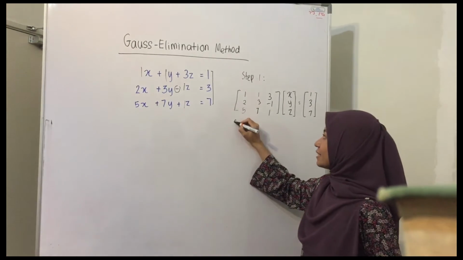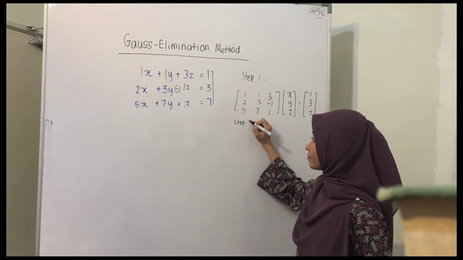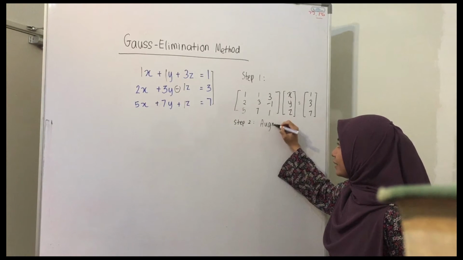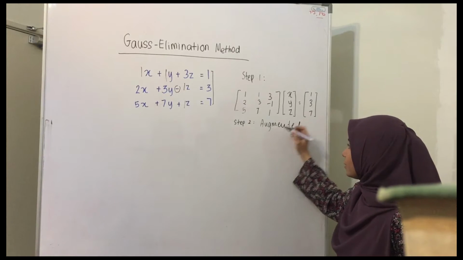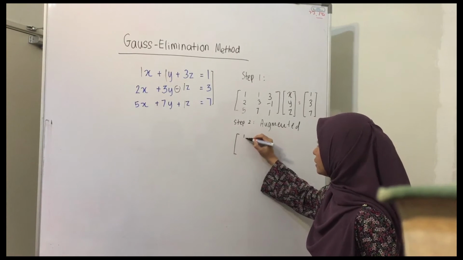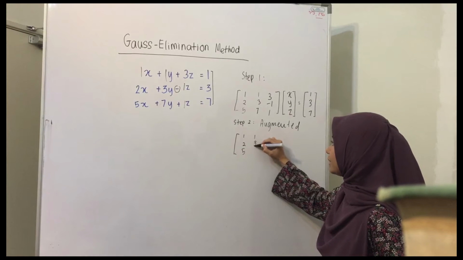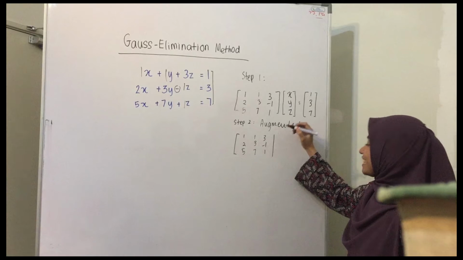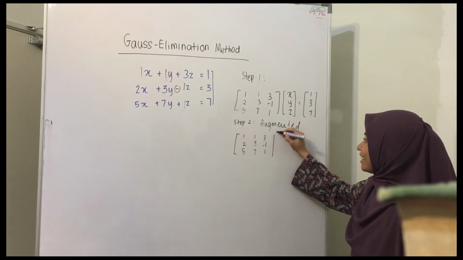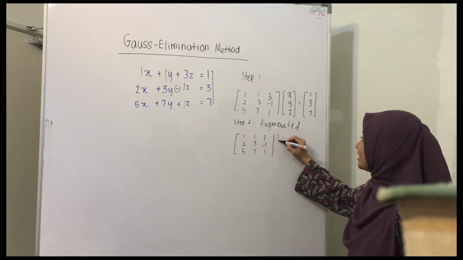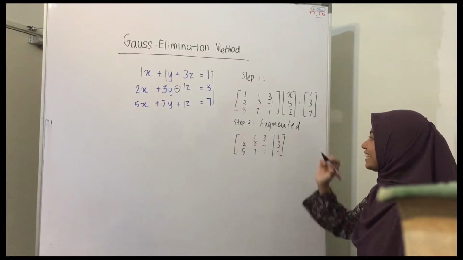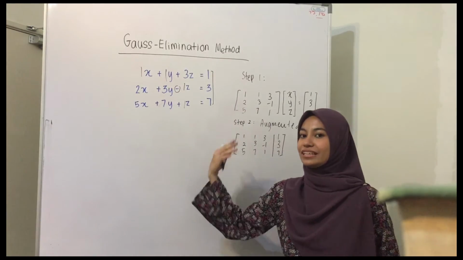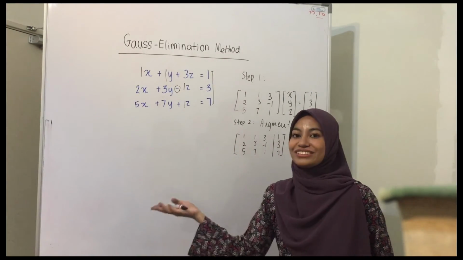Then we write it as an augmented matrix: 1, 2, 5, 1; 3, 7, 3, negative 1, 1; and 1, 3, 7. This is the basic step that we should do before we continue with the further solution.